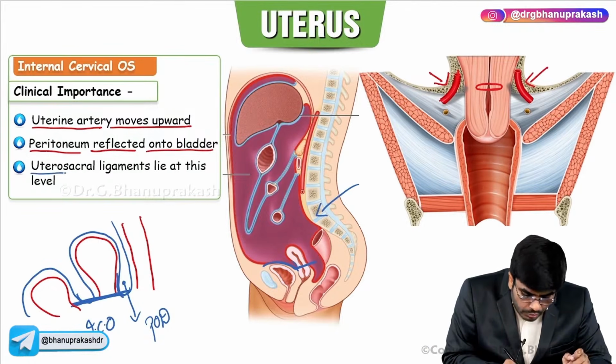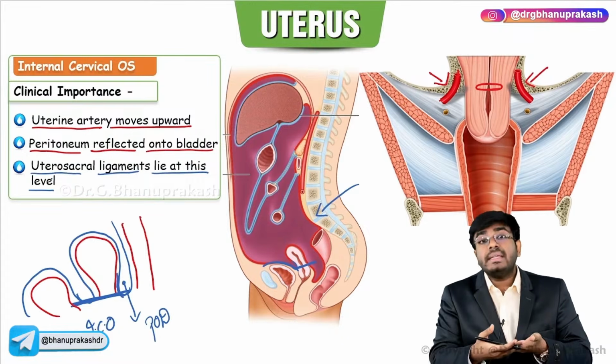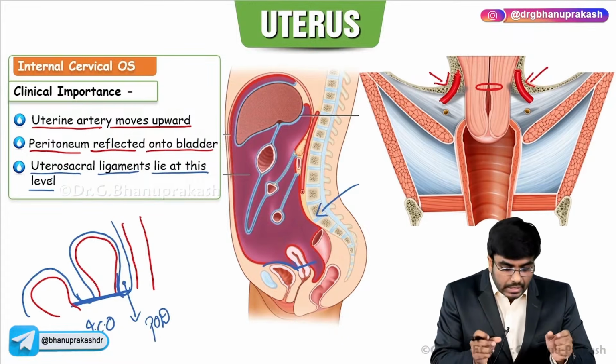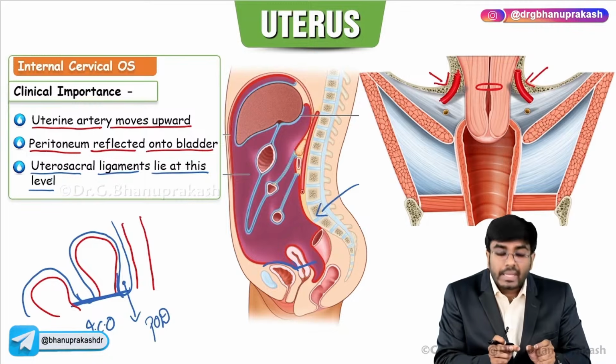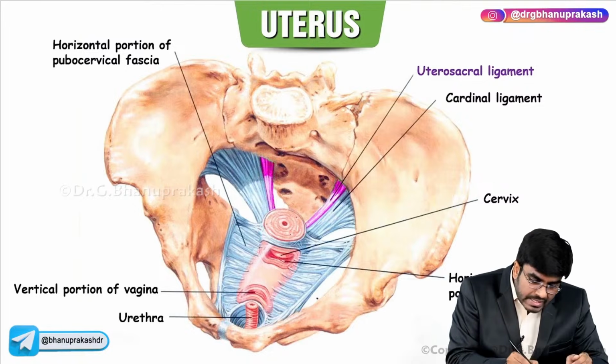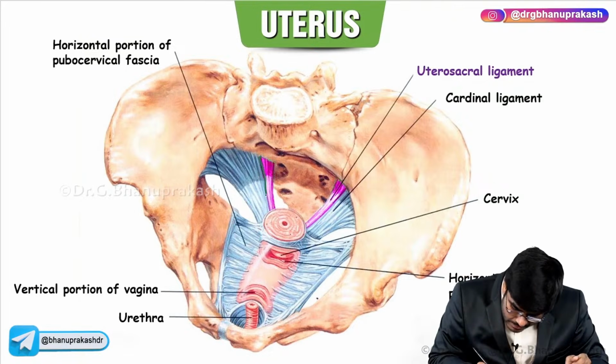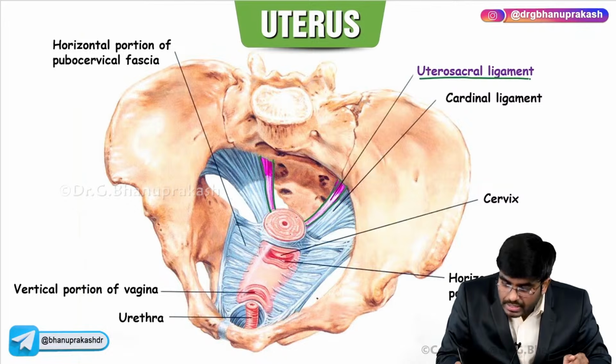Now the uterosacral ligaments also lie at the level of the internal cervical os. The uterosacral ligaments come and attach here. Let me show you an image so that it will be clear. Guys, please concentrate on these pink colored ligaments. These are nothing but the uterosacral ligaments.